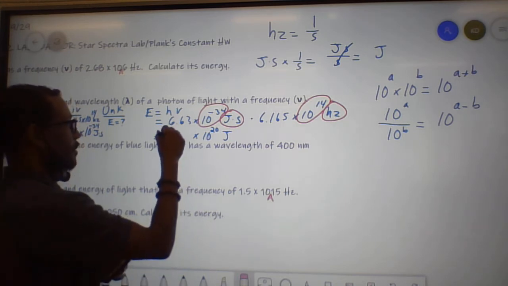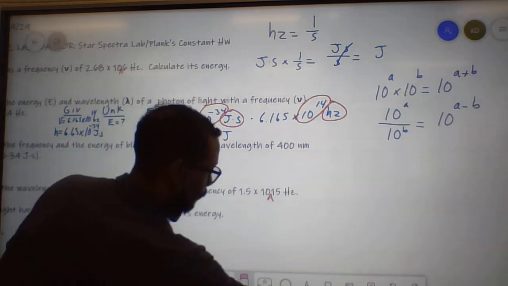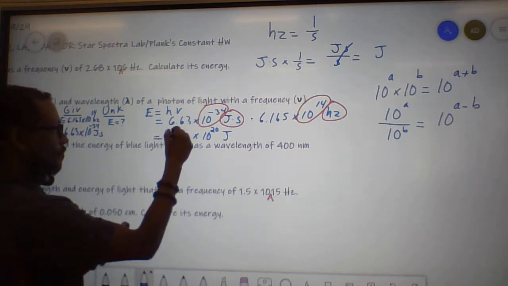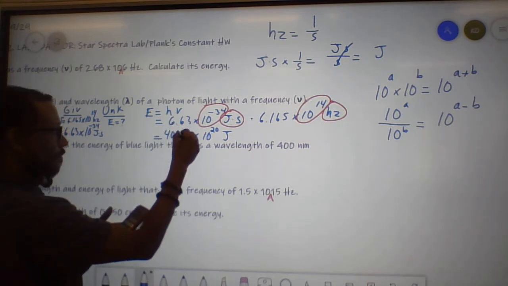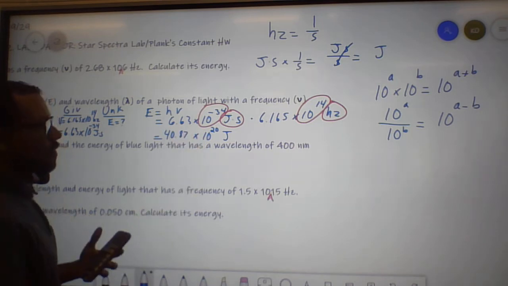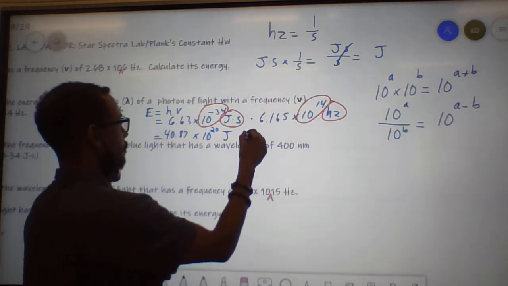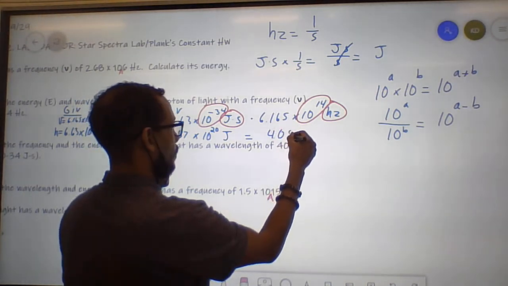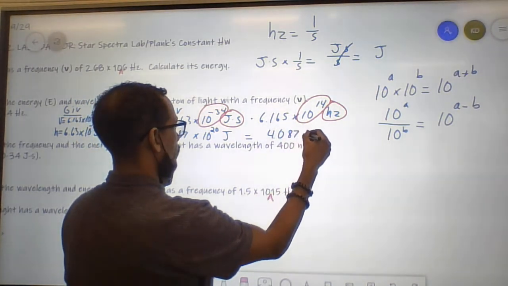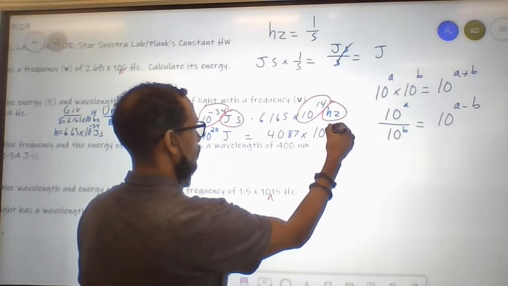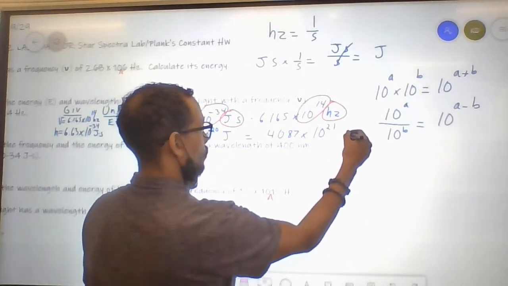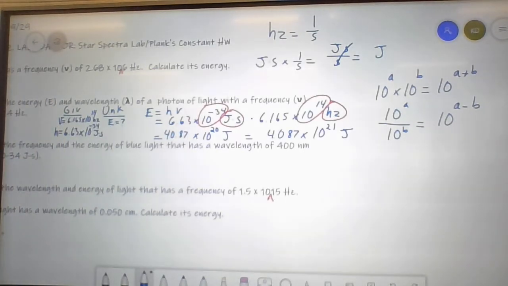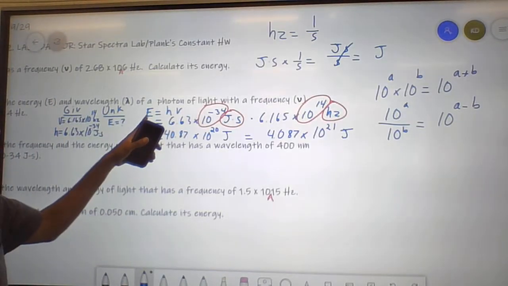We get 40 joules. And then we want to write in scientific notation. And so now we've calculated for energy.